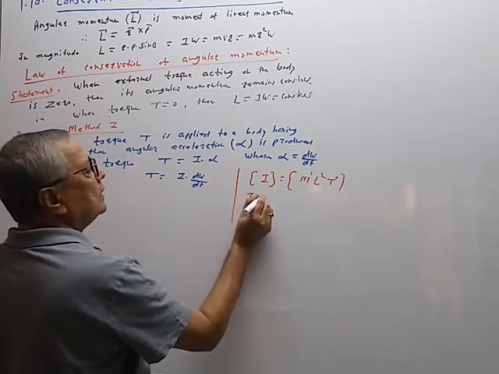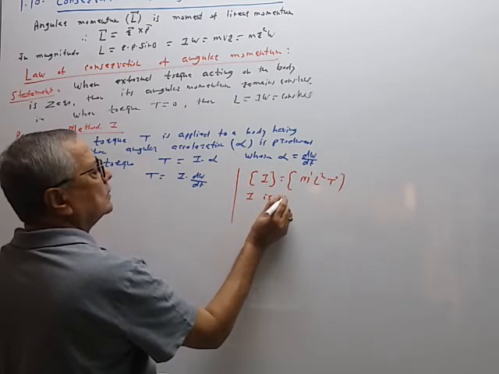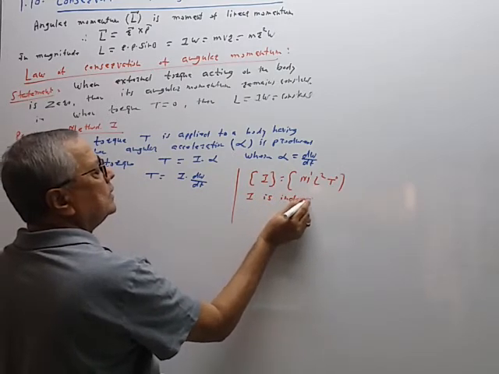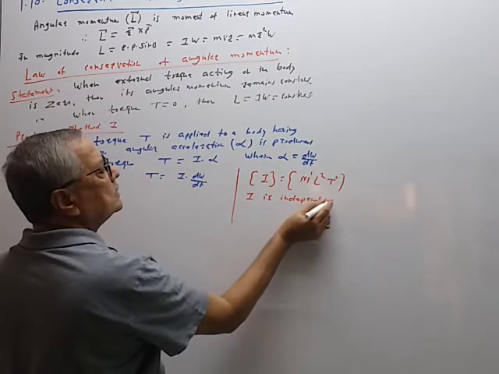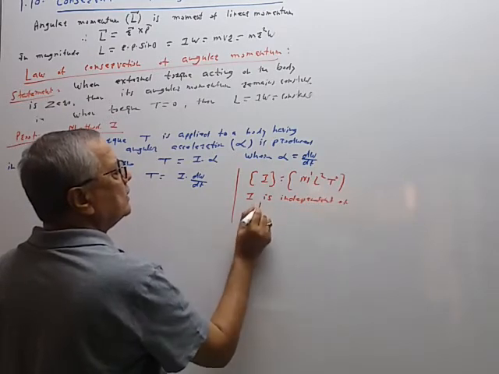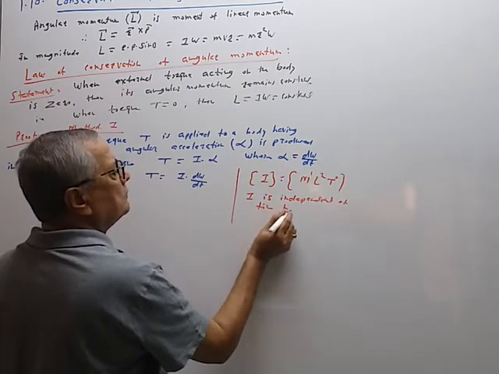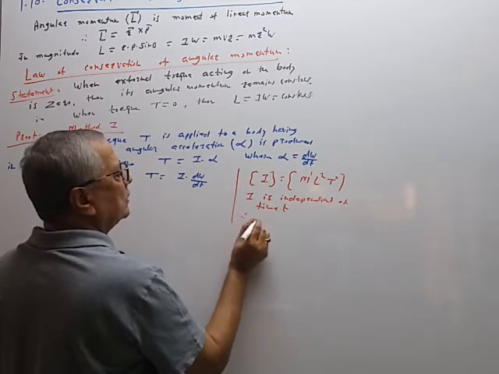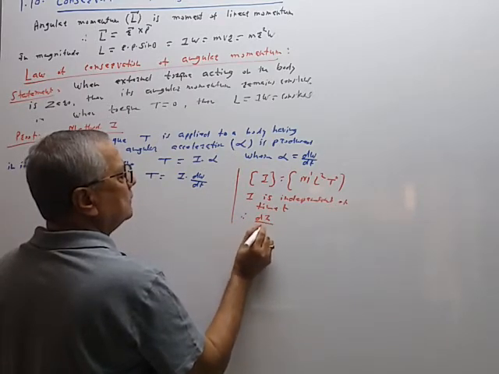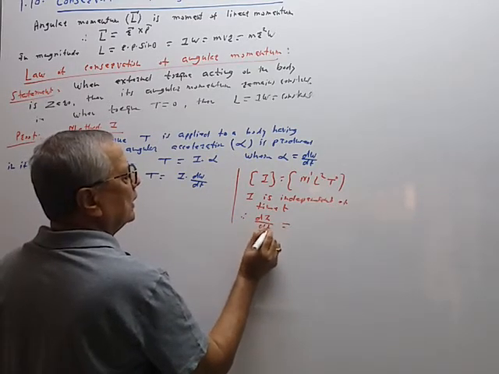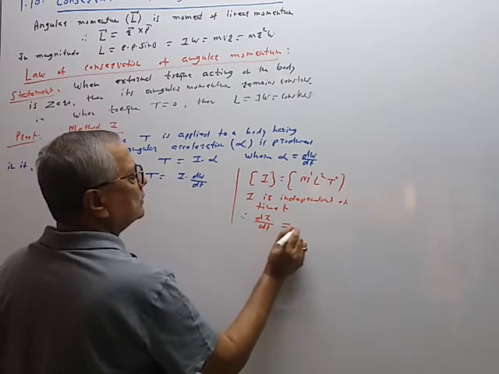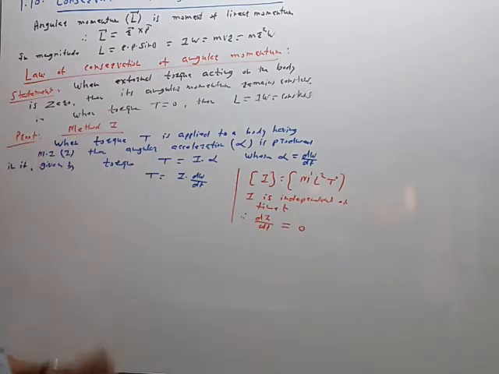So I is independent of time t. Therefore, dI by dt, the derivative of any constant quantity, is always 0. This is the rule of differential calculus. The derivative of any constant quantity is 0.